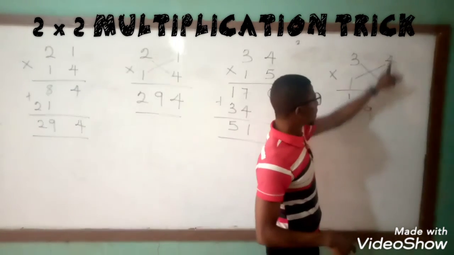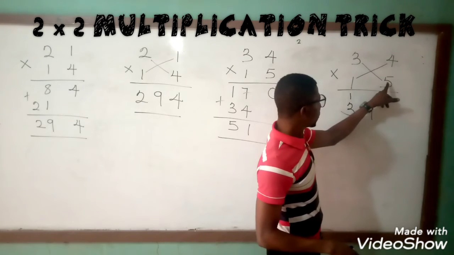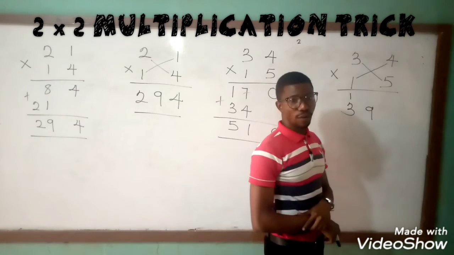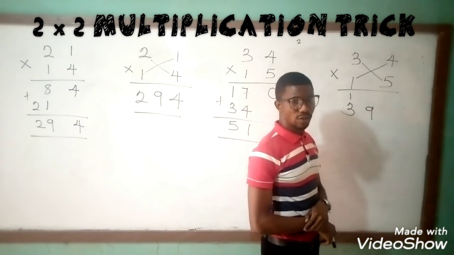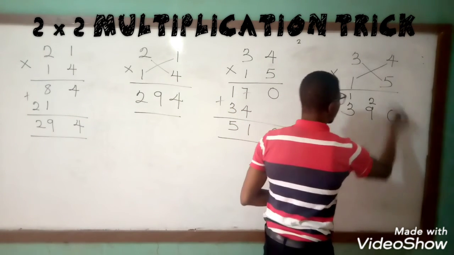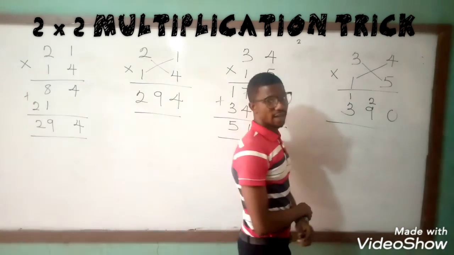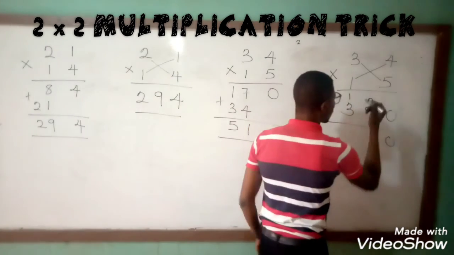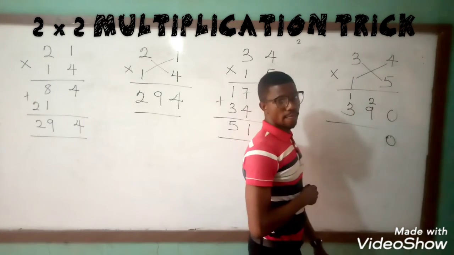After that, multiply the last values, the column over here. 5 times 4 is 20. So write 2 here, 0. And sum them over. This gives us 0. This is 11.